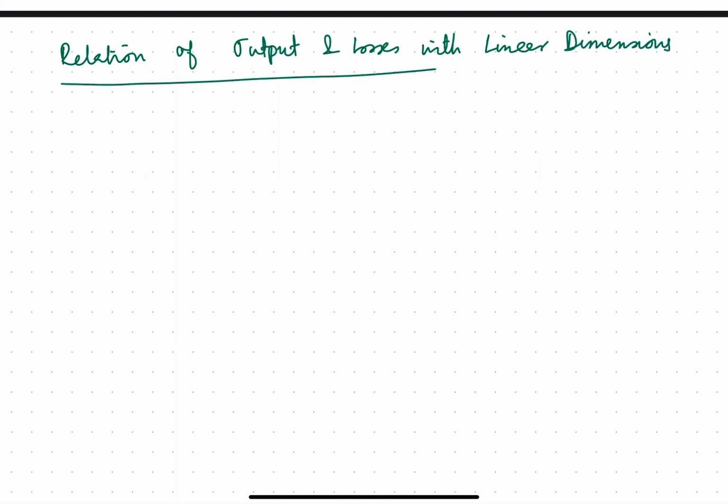Okay. So what we do for this, we consider we have two machines which have the linear dimensions in the ratio of x is to 1. They have the same speed, the same flux density, and they also have the same current density.